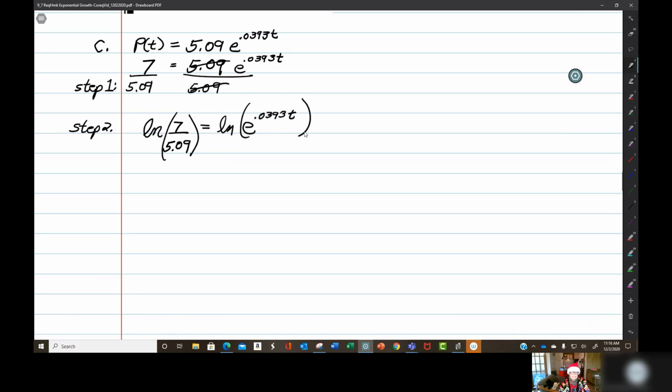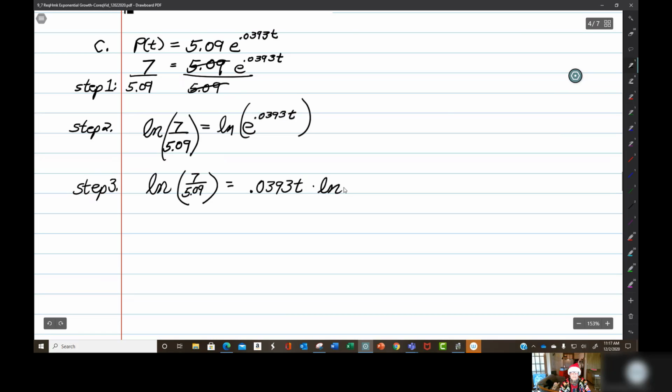Now, step 3, we're going to bring down our exponent, which is the whole reason for doing this. The ln of 7 over 5.09, don't put it in the calculator yet, equals 0.0393 t times the ln of e.